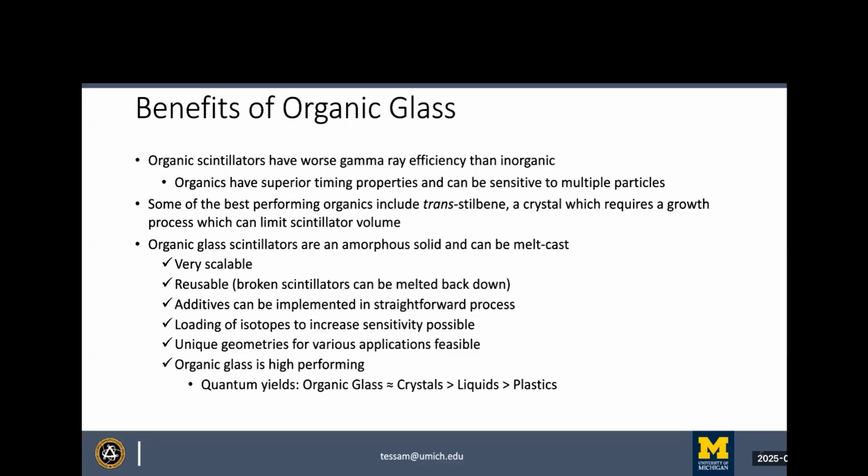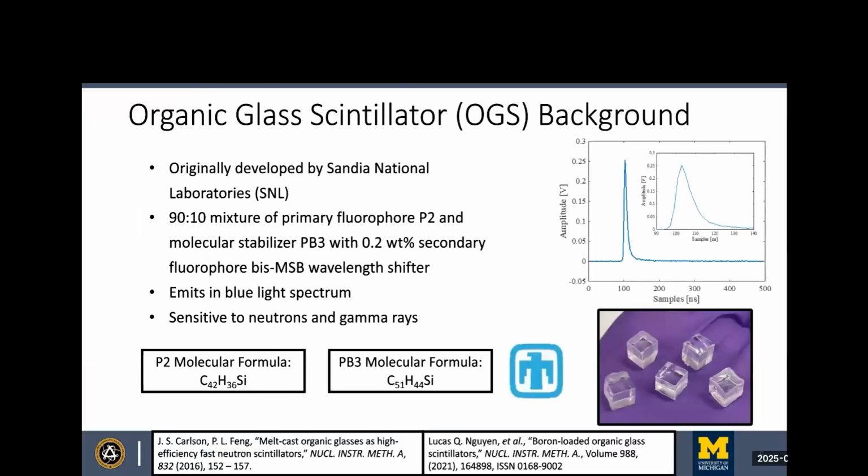Therefore, they can be loaded with isotopes to give them more sensitivities, which I'll be talking about later. They can be melt cast into unique geometries for various applications, and it is almost as high performing as stilbene. It's about on par with crystals, which are better than liquids, which are better than plastics. We don't really like using plastics unless we have to.